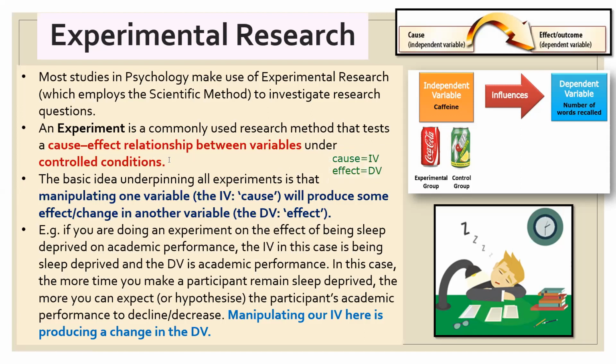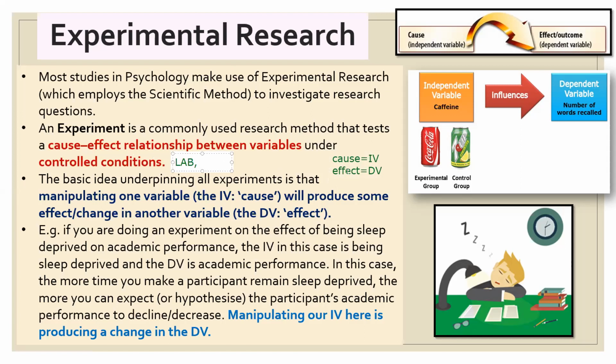Under controlled conditions. So what do we mean by controlled conditions? Basically, we mean conditions that we as the experimenter or we as the researcher can manipulate. So the most common one would be a lab. Remember when we studied the strange situation last year with the kid and the mom and the stranger in the room and how the stranger leaves the room?